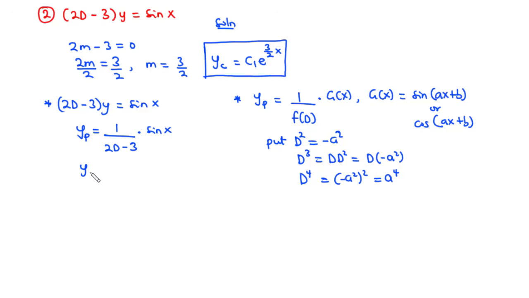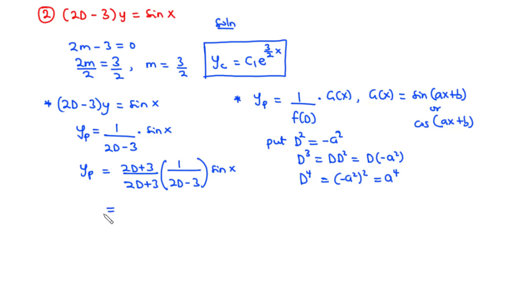So we are going to have yp equals 2d plus 3 over 2d plus 3 times 1 over 2d minus 3 times sine x.